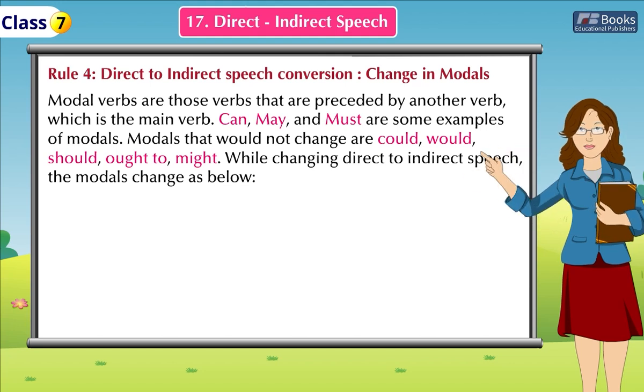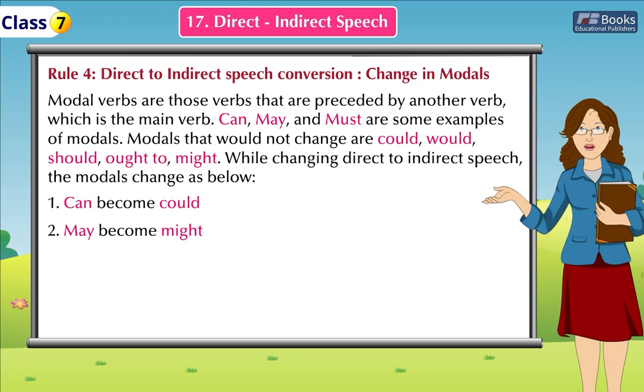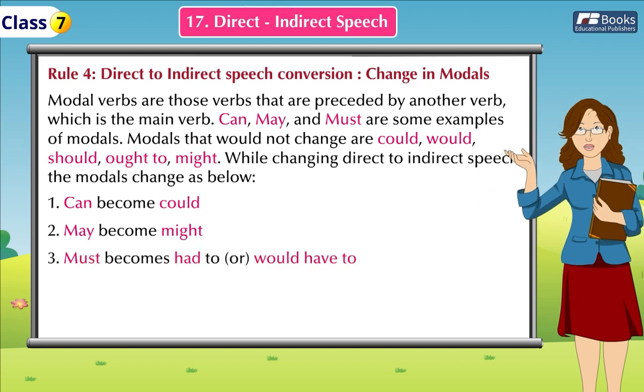Modals that do not change are could, would, should, ought to, might. While changing direct to indirect speech, the modals change as below. First, can becomes could. Second, may becomes might. Third, must becomes had to or would have to.